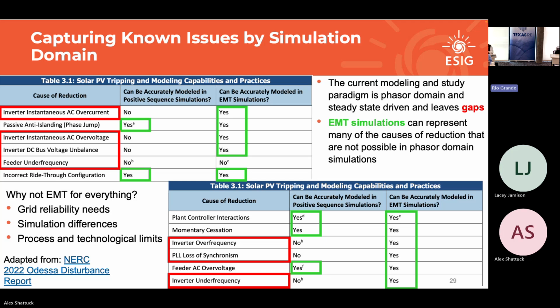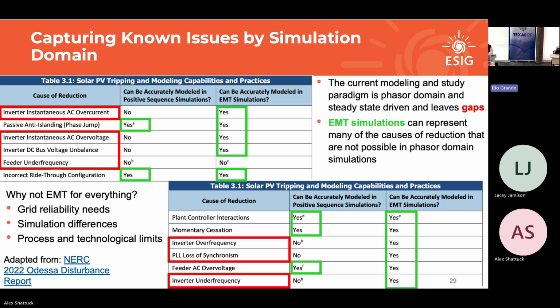The feeder under frequency no might be changing. The main impetus for the no that we published was that at the time of publishing, which was 2023 or 2024, there weren't any good ones, right? There weren't sufficient quality actual relay EMT models there. So there's a no in both there for now.